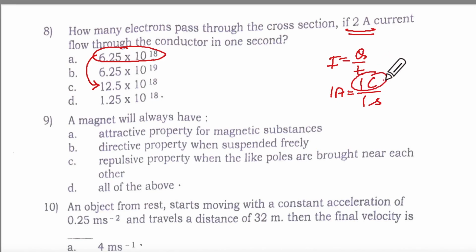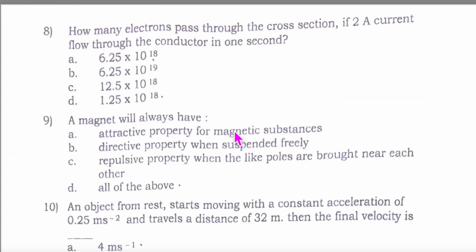Do you remember that 1 coulomb means this number of electrons? Do you remember that in the textbook? Correct or no? That means 1 ampere current in 1 second means these many electrons, correct? So if it is 2 ampere, then double of that. Okay, so this would be the smart way of doing this. If you did not know that, then you have to do it like how I showed you earlier.